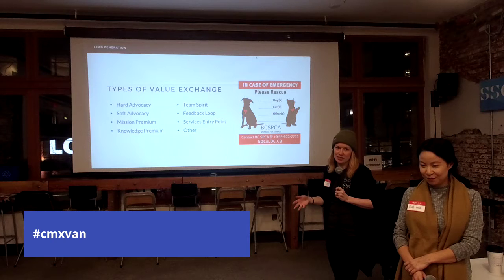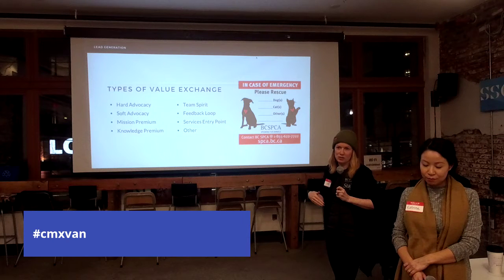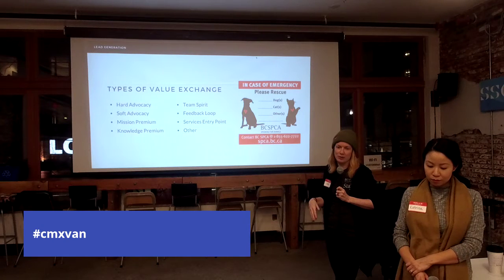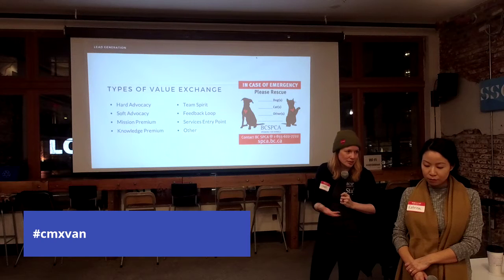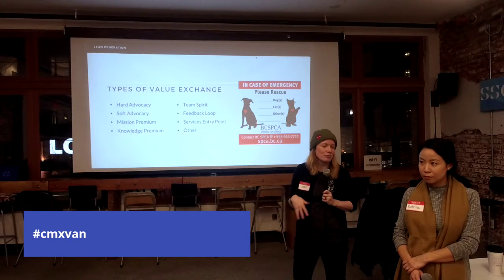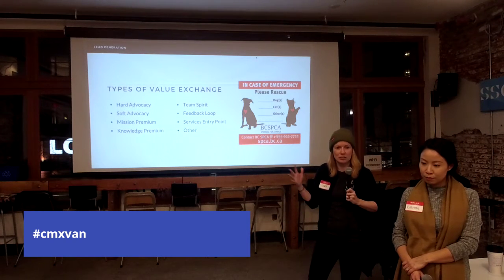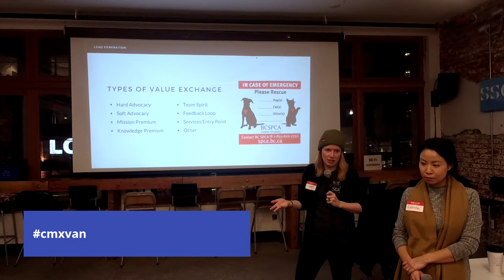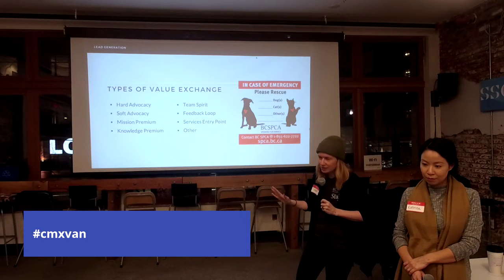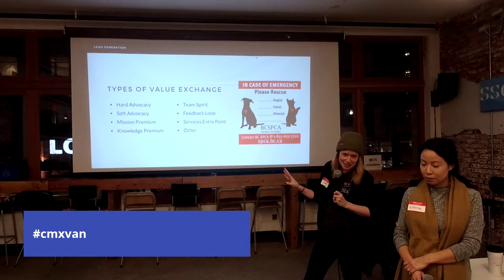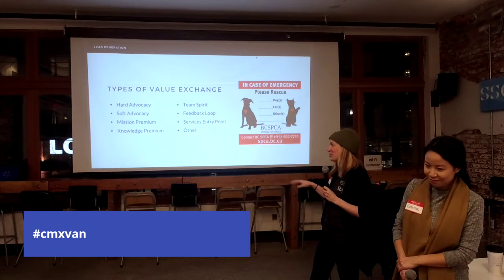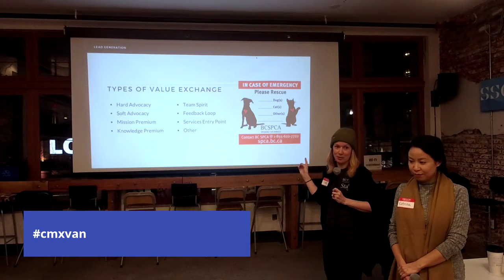We have soft advocacy, where we literally just collect the names to our database, say about pet-friendly housing, how many people sign this petition, and we'll create the list and talk to government about it, which we do. You have to follow through on these things. We have emission premiums. This is one of our number one things.